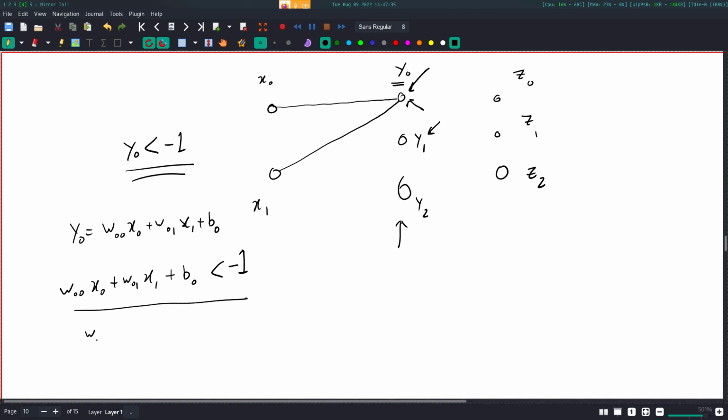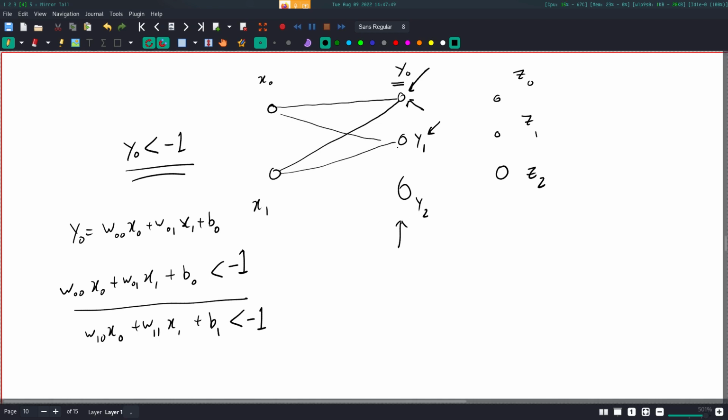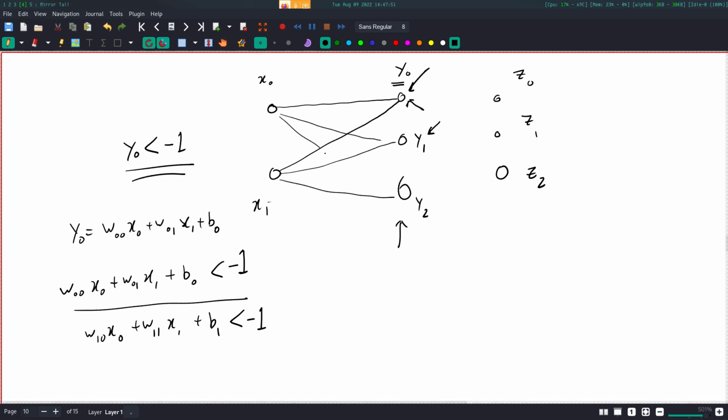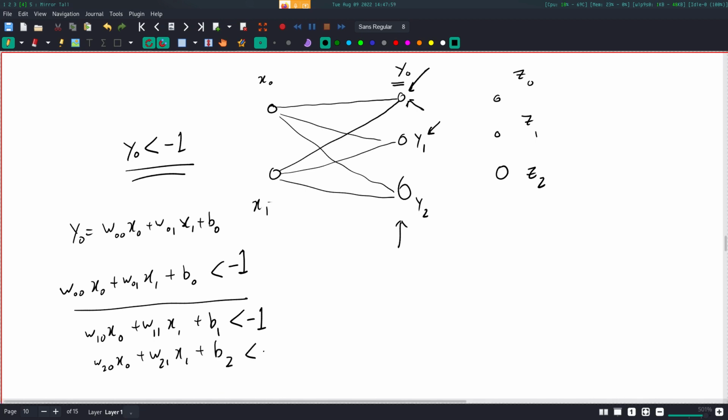We'll get w10 x0 plus w11 x1 plus b1 is also less than -1, right? And similarly for this node we'll get a third condition, w20 x0 plus w21 x1 plus b2 is also less than -1.